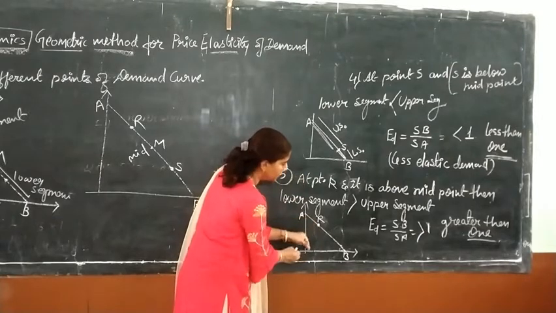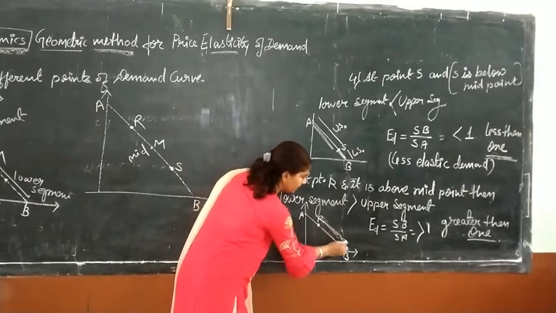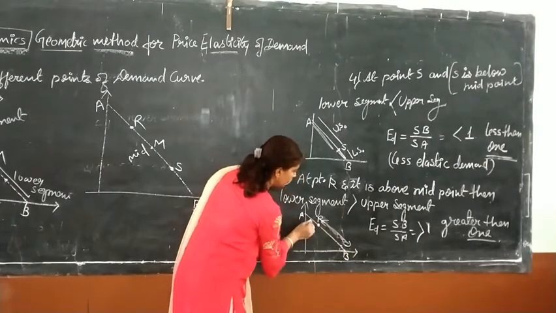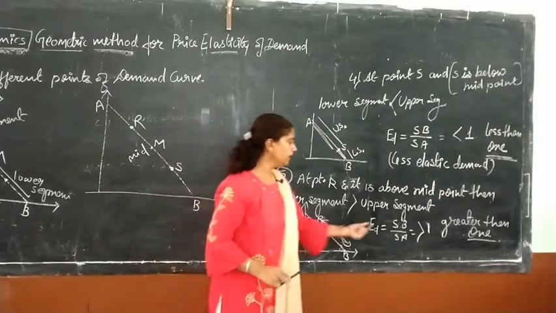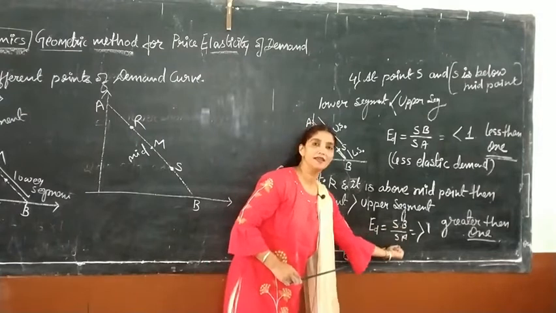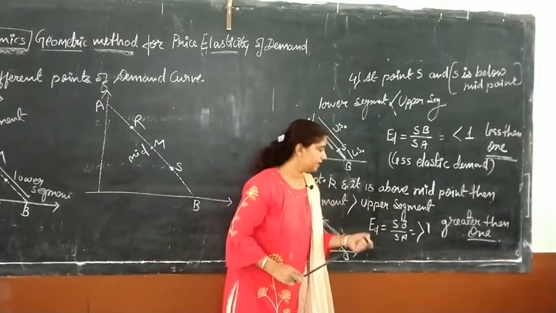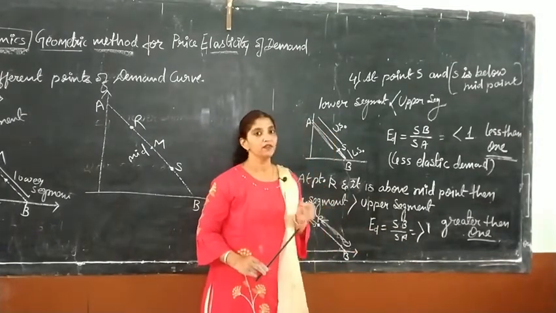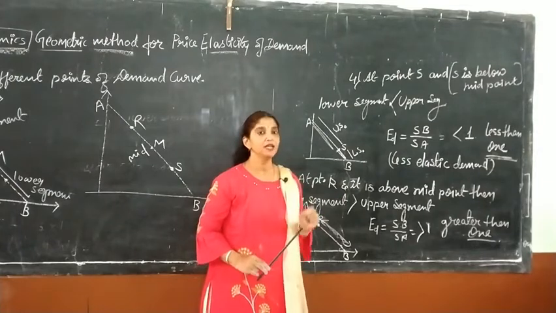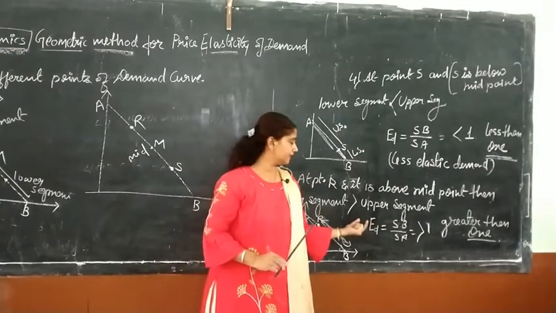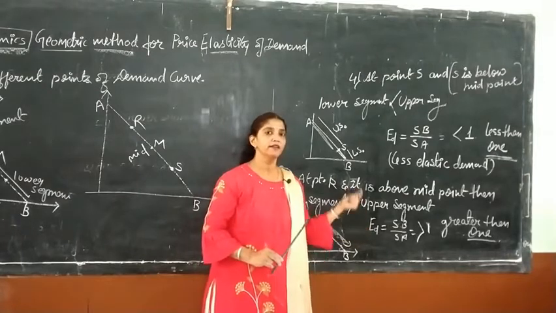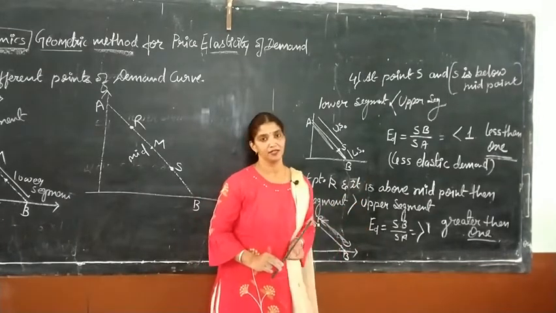In that condition the lower segment will be greater and the upper segment is lesser. So if the greater part is divided by the lesser value, the elasticity which we will get will be more than 1, or greater than 1, and this demand is called greater elastic, more elastic demand.